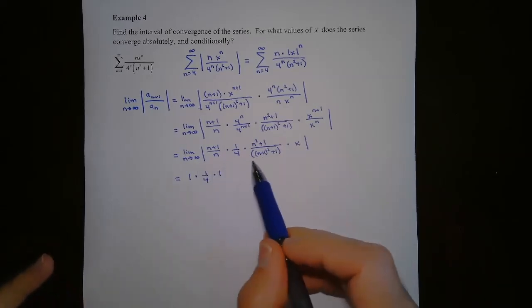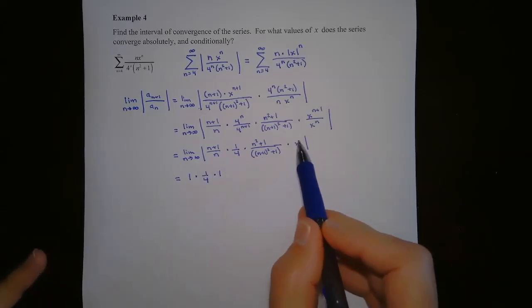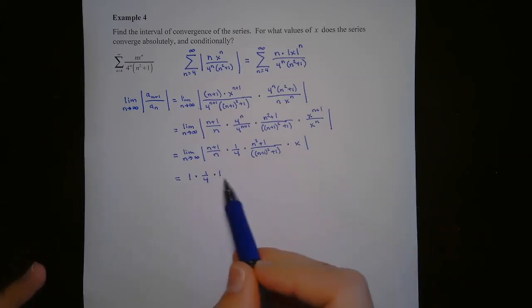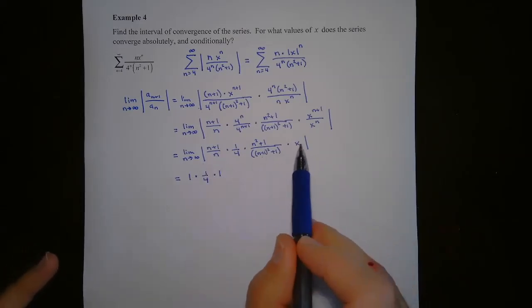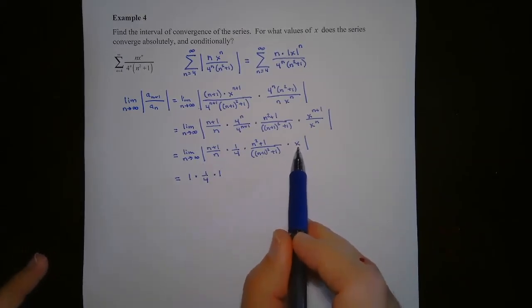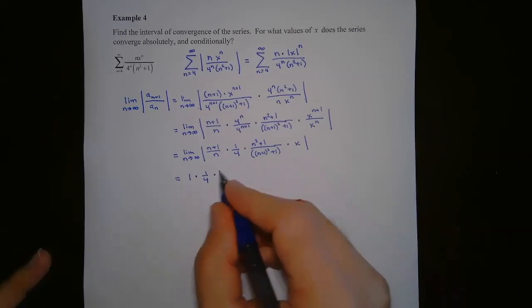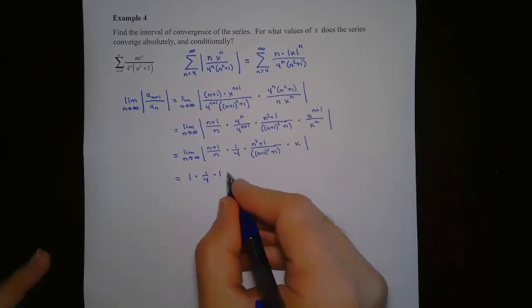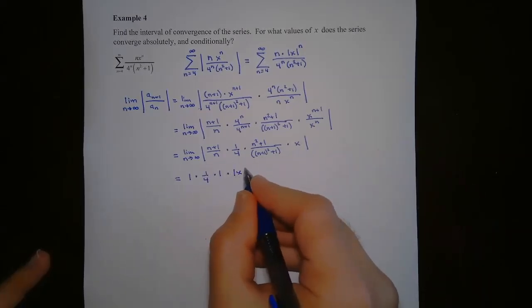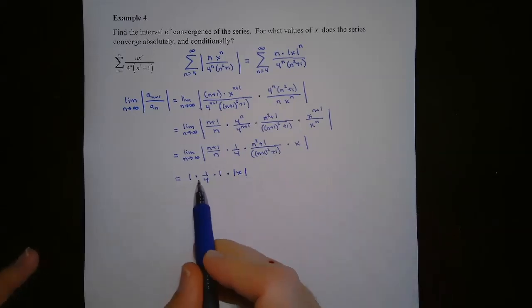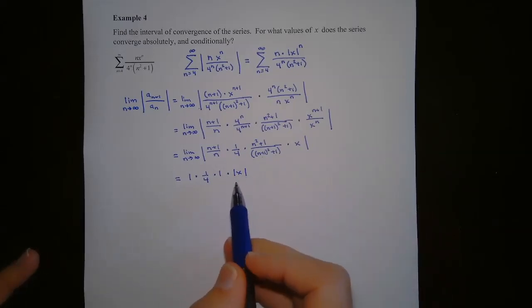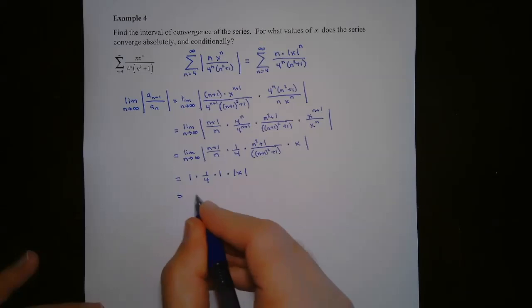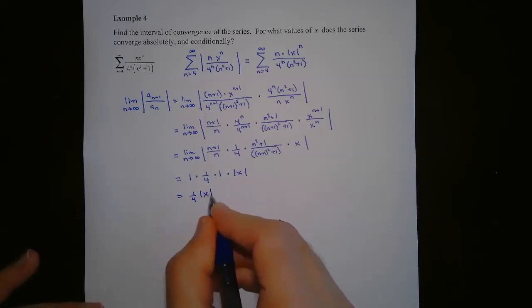And then we take the limit as n goes to infinity. Now this x is changing, right? These were all numbers, and they were positive, so we didn't need the absolute value. This one we do, because it depends on what the x is. So as n goes to infinity, it's just going to be times the absolute value of x. So this is 1 times 1/4 times 1 times the absolute value of x, which is equal to 1/4 times the absolute value of x.